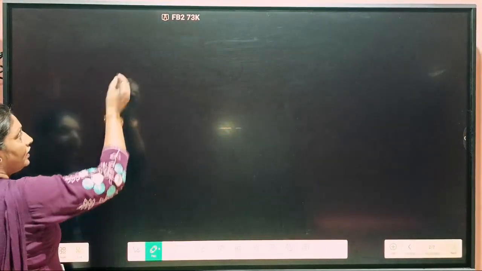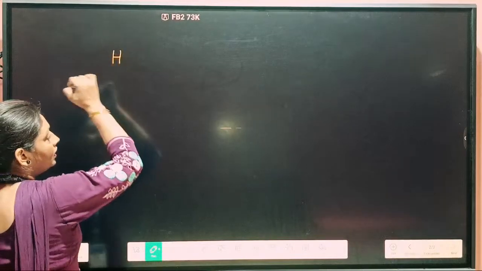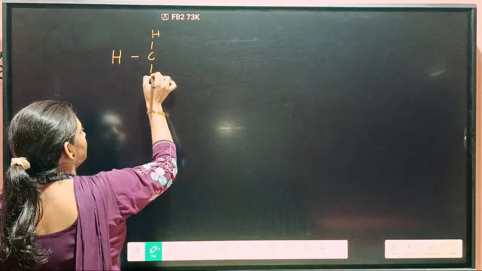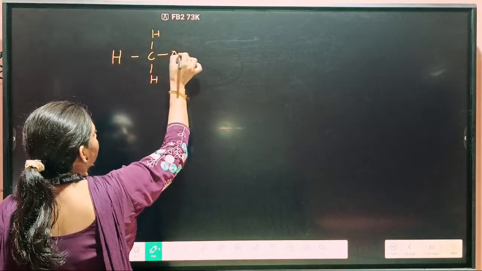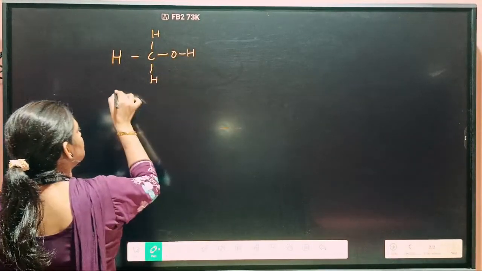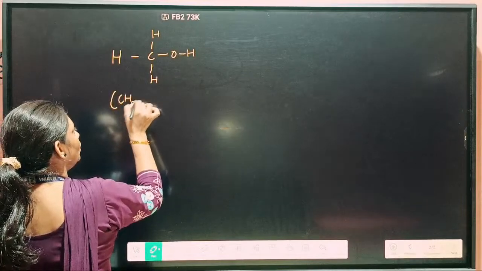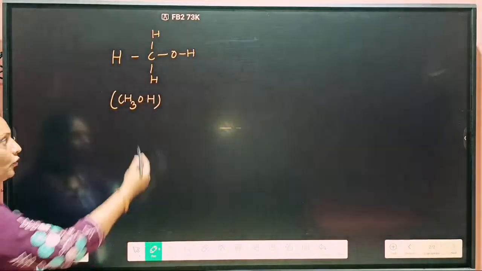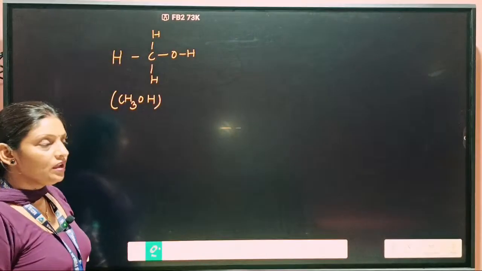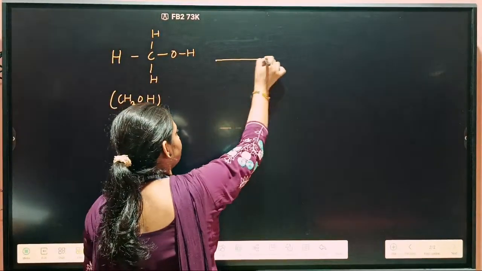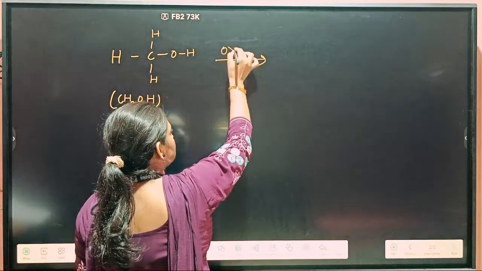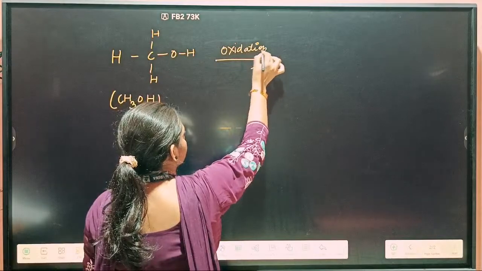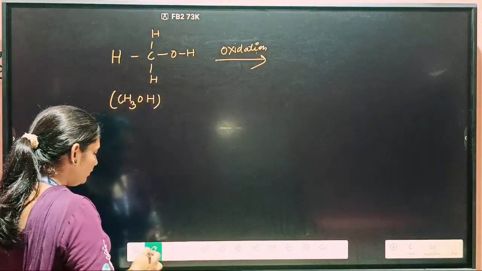If we take methanol, methanol is CH3OH. This is the open structure of methanol. By oxidation of this one, further what will we do?